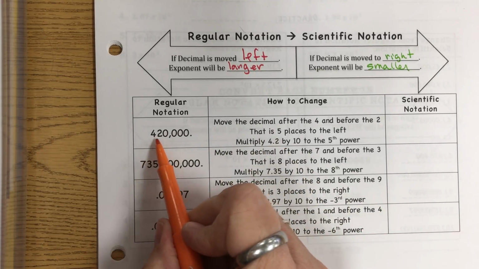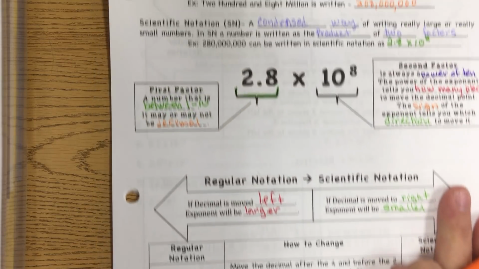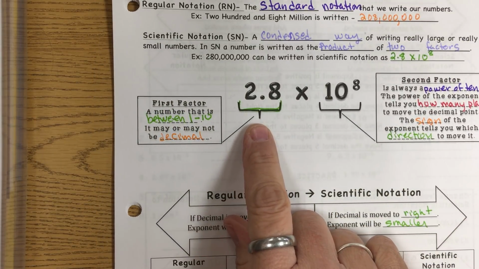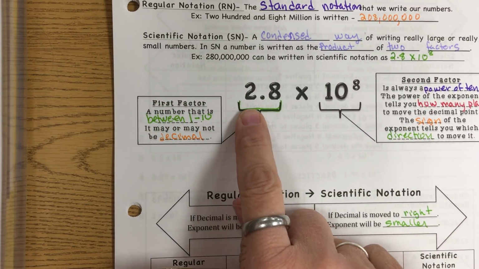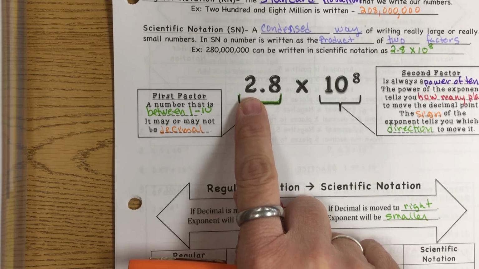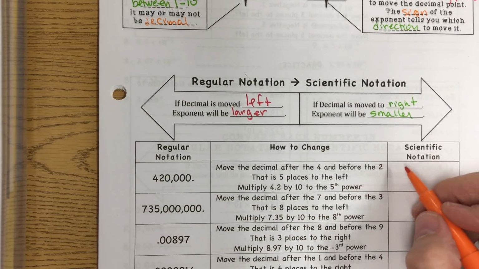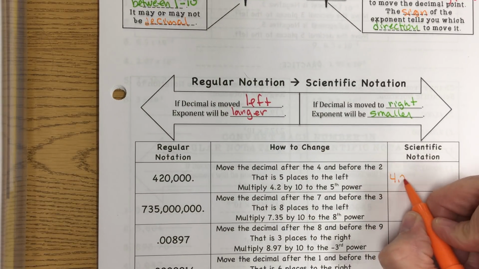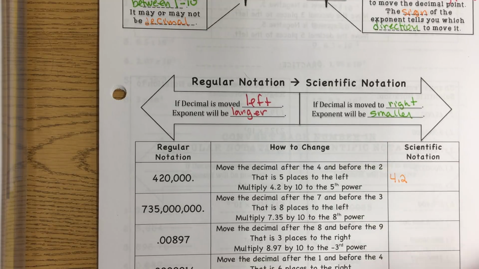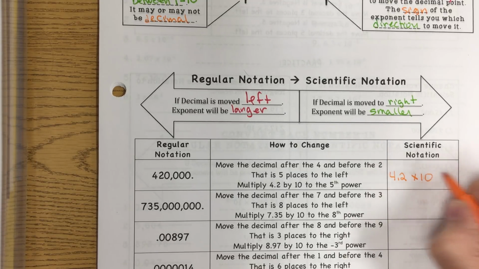The very first thing we have to do is get the number on the left-hand side of the decimal between 1 and 10, or 1 and 9. So this should say 4.2. Then I must have times 10 to some power.